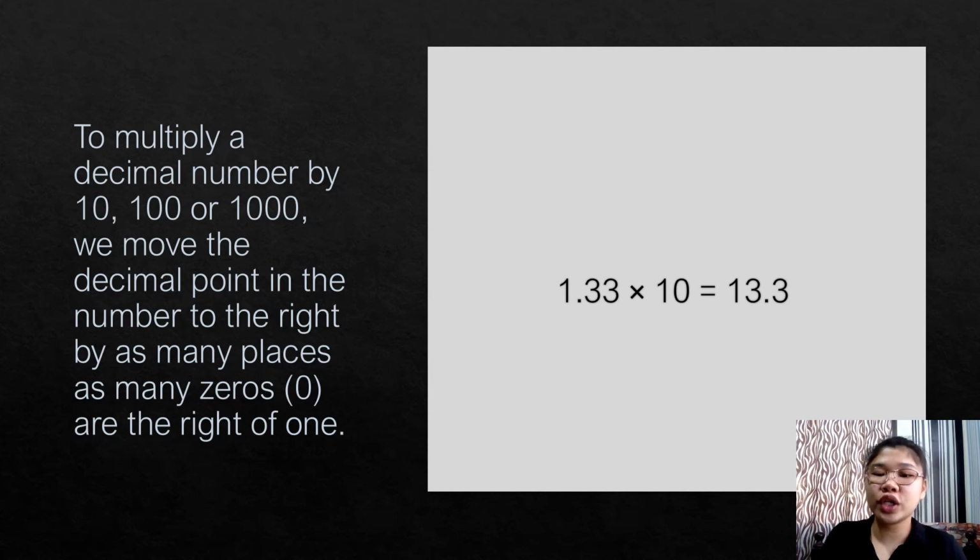If we multiply, for example, 1.33 by 100, we have to move the decimal point two places. So, our answer will be 133. If we multiply 1.33 by 1,000, our answer will be 1,330. So, that's it for this statement.